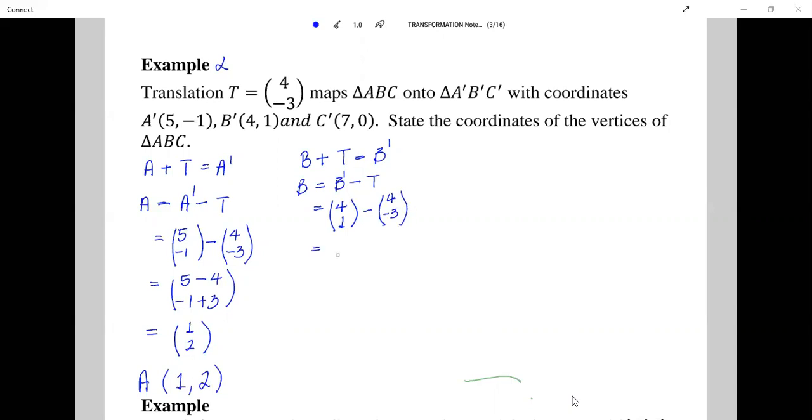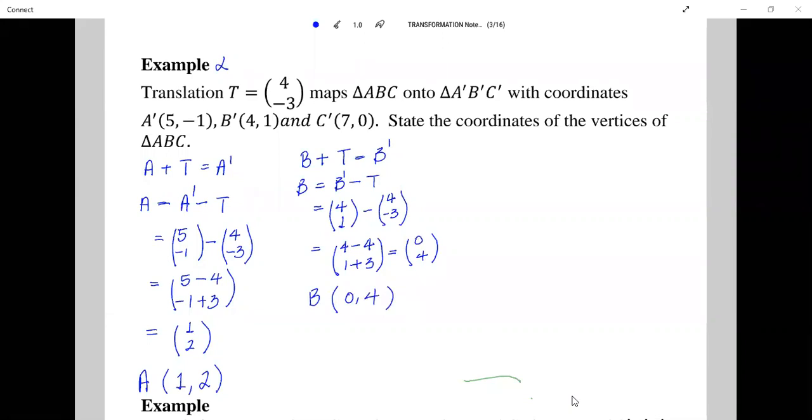So this is going to be 4 minus 4, and 1, and a negative times a negative is a positive, plus 3. So this is going to come out to be (0, 4). So the coordinate of B is (0, 4).